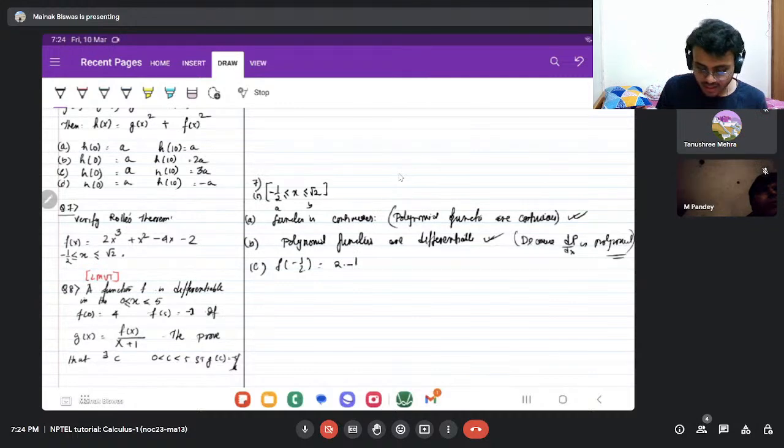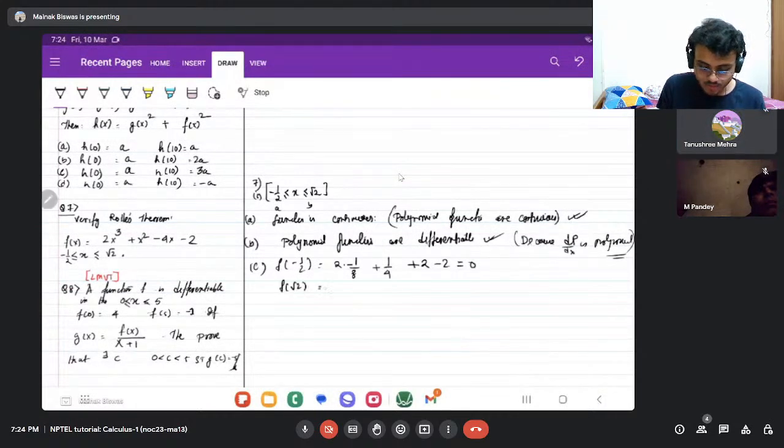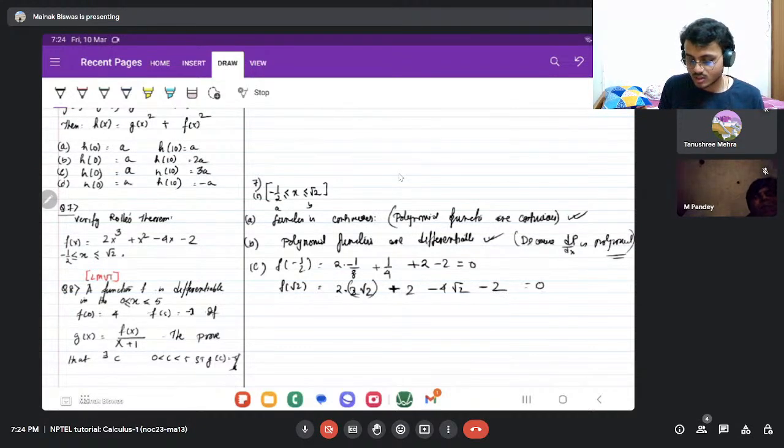Putting minus half, we get minus 1 by 8 plus 1 by 4 and so on, so you will have 2 minus 2, which is 0, right? Similarly, if I put root 2, what will you have? 2 into 2 root 2, minus 2, minus 4 root 2, in between I missed a plus, this is also 0.